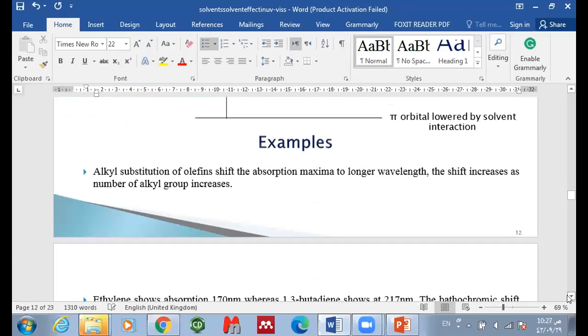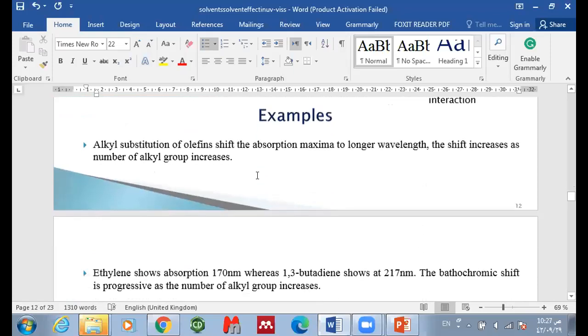We have an example here. Alkyl substitution of olefin shifts the absorption maximum to longer wavelength. The shift increases as the number of alkyl groups increases.